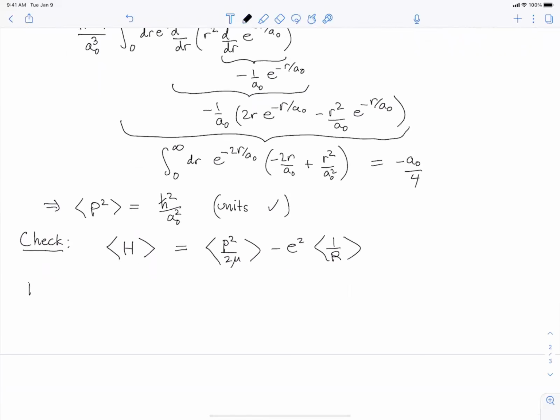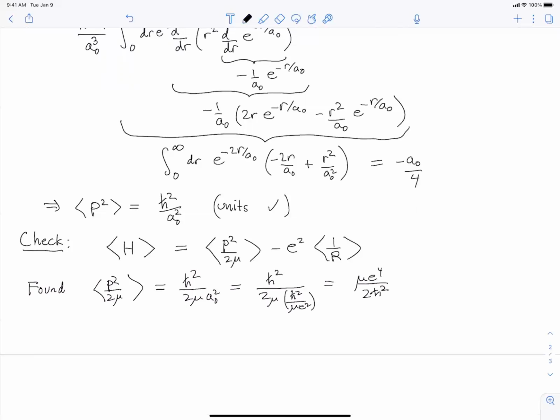And we found that p squared over twice the mass is h bar squared over twice the mass, a0 squared. And now if we plug in what a0 is, okay, this turns out to be mu e to the 4th over 2 h bar squared.